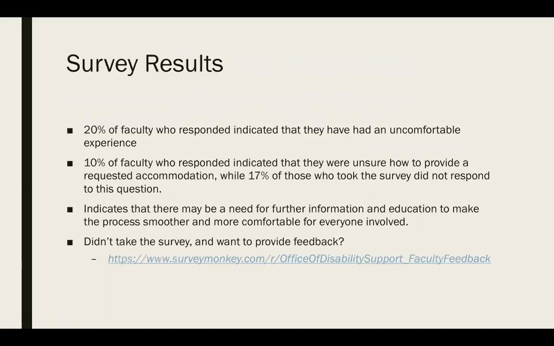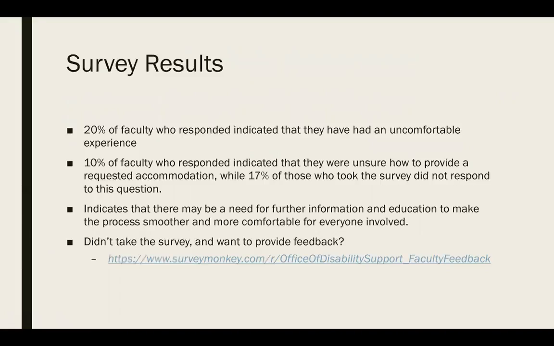So the survey results are based off of a survey that was sent out to faculty at the end of last semester, so that would be December 2017. It was also sent to students and staff members. Each survey differed slightly based off of who the respondents were.